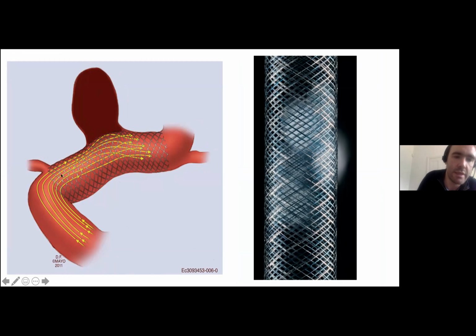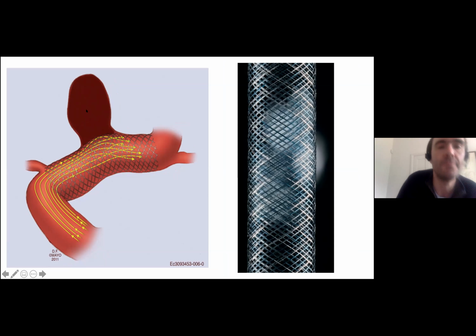It essentially redirects, or flow diverts, blood away from the aneurysm and along the vessel proper. Over time, you still get blood going in here, but instead of going in and straight back out again, it becomes turbulent and promotes thrombosis, and you end up closing the aneurysm through the flow diverting effects.